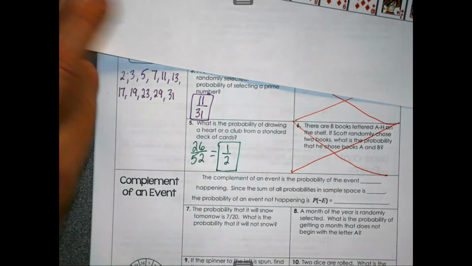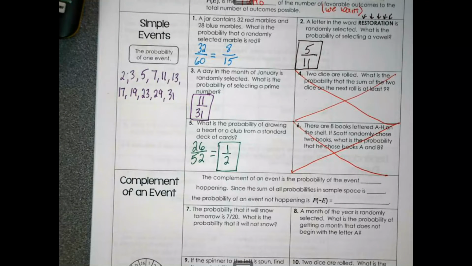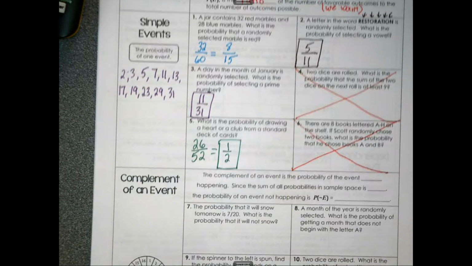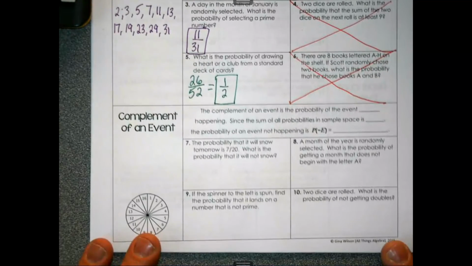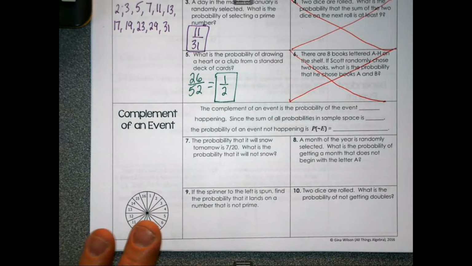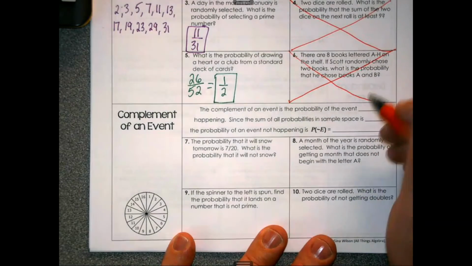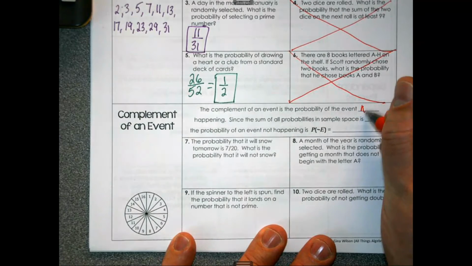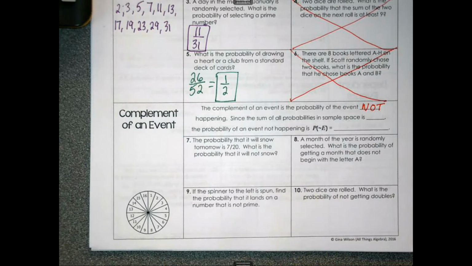Okay, so that's simple events, one event. Then we get into the complement of an event. The complement of an event is the probability of the event not happening. Since the sum of all probabilities in the sample space is, what's the most probability I can have? 100%, right?